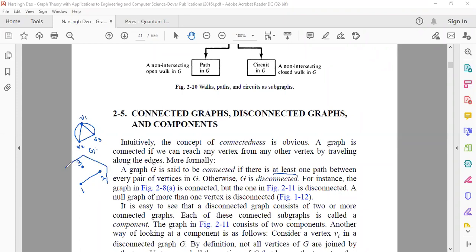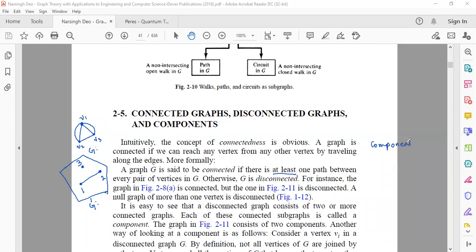If I consider this as a whole, we can name this graph G prime, and we'll say not only that this graph is disconnected, but also that this graph has two components. So next, if we talk about the disconnected graph, an extra notion comes into play, which is called the component of the graph.